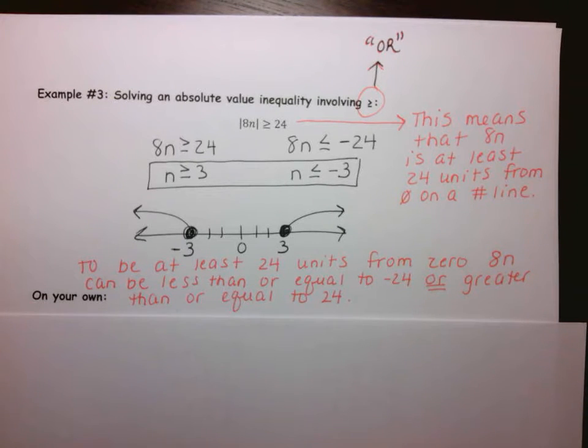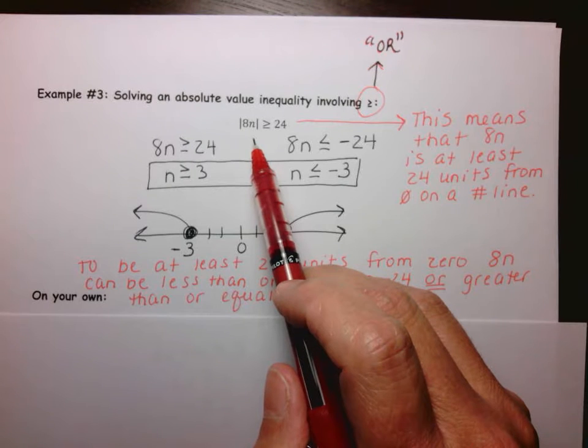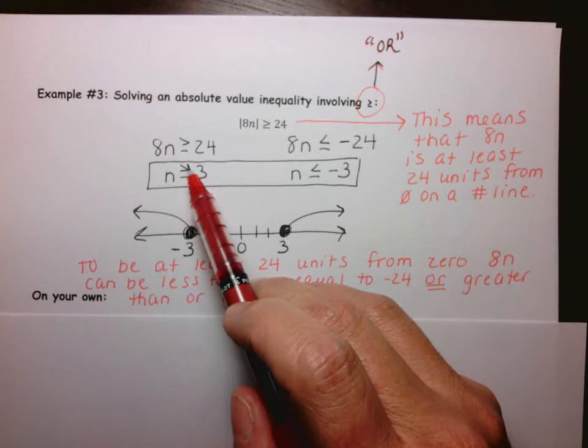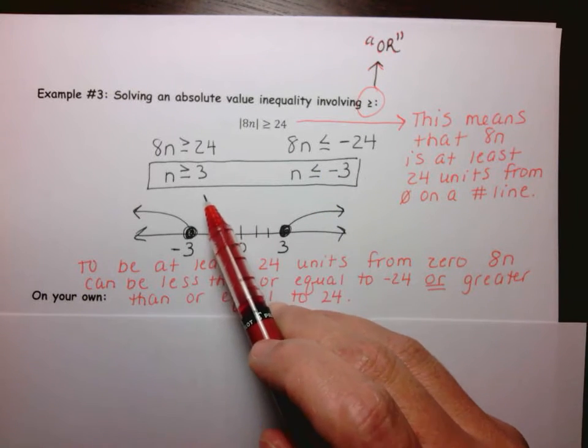So pause the video, read that, and look at that closely. But think about what I'm doing here. I'm taking the absolute value of 8n is greater than or equal to 24, and I'm saying 8n is greater than or equal to 24, or 8n is less than or equal to negative 24. And then I'm going to solve both by dividing both sides by 8.